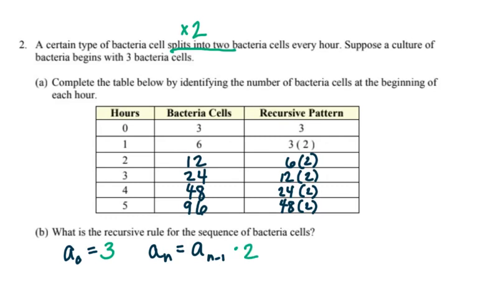And again, some people write it like that. Some people write the 2 out front, kind of like how we write 2x. I don't care which way you write it. They're both the same to me. Okay, but we're multiplying by 2 each time to get that next term in the sequence.